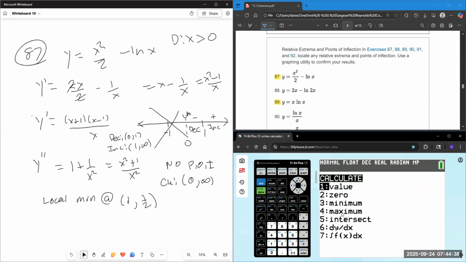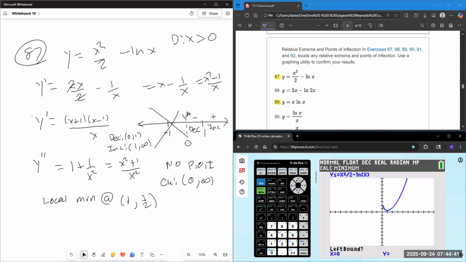And I want to find this minimum point here that should be right over here, right about there. And that's at (1, 1/2). So we're good. And the concavity is concave up always, no point of inflection.